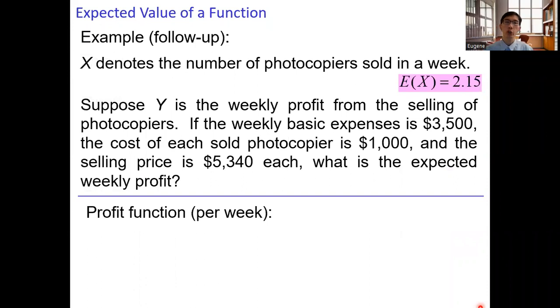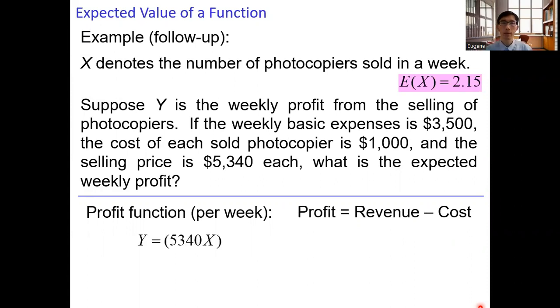We need the profit function. Profit equals revenue minus cost. So here we have the revenue. If we can sell X photocopiers in a week, and the unit selling price is $5,340 each, then the revenue is 5,340 times X, and then minus the cost.